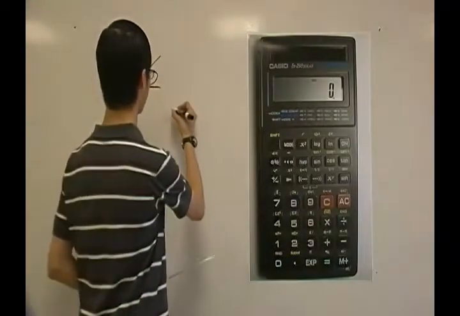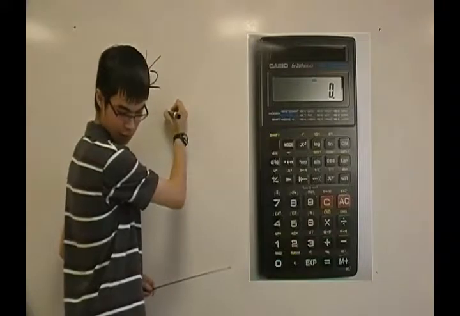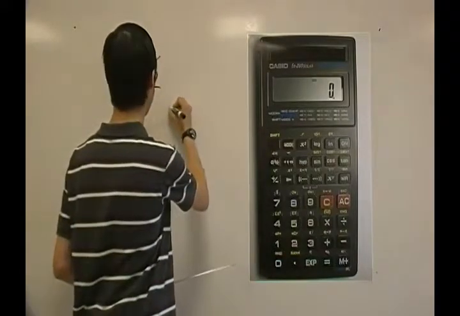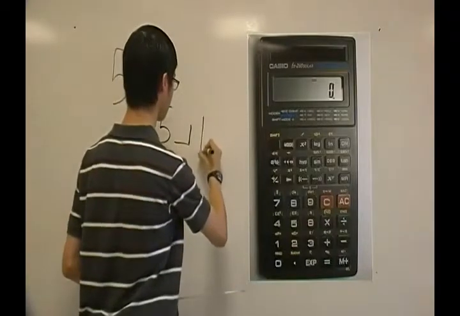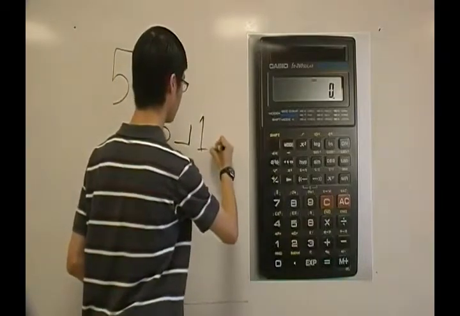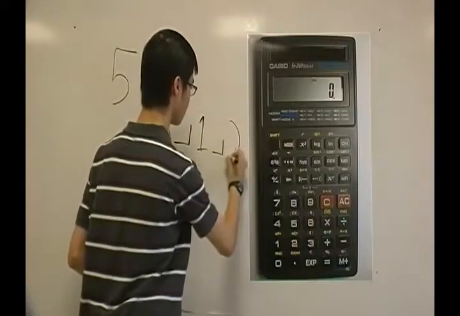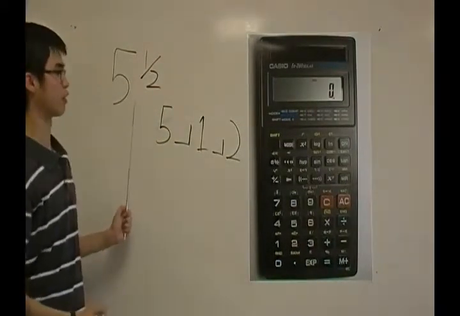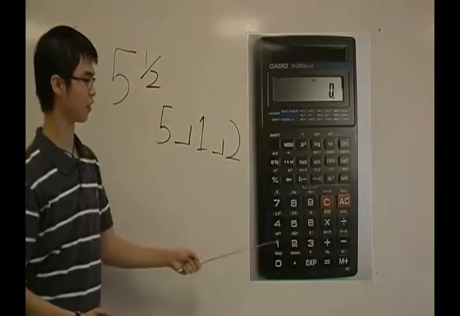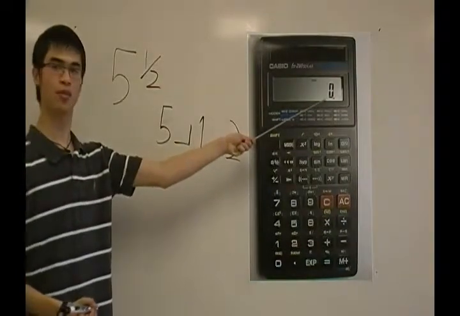And what will come up on the screen should look like this right here. That is basically equivalent to that. So remember, when you punch that in on the calculator, what it should look like up here is this.